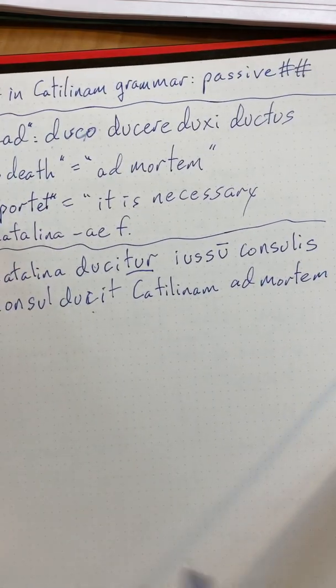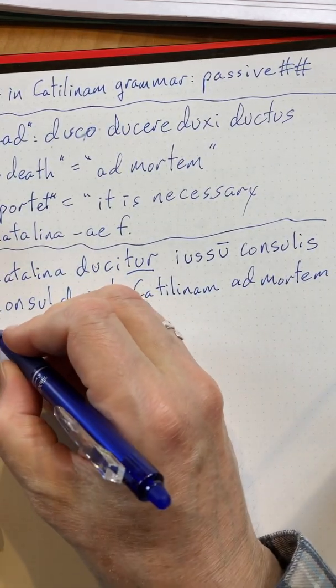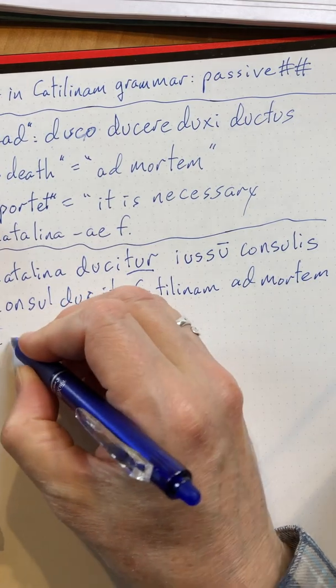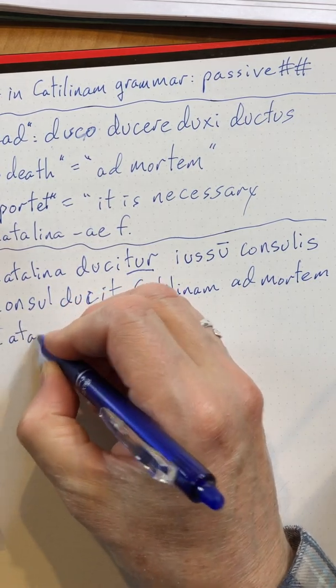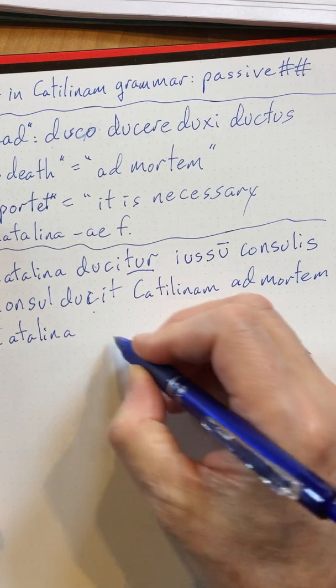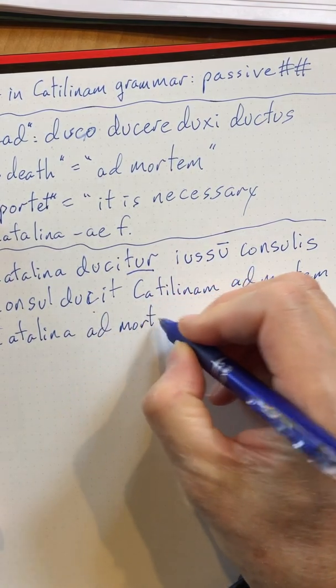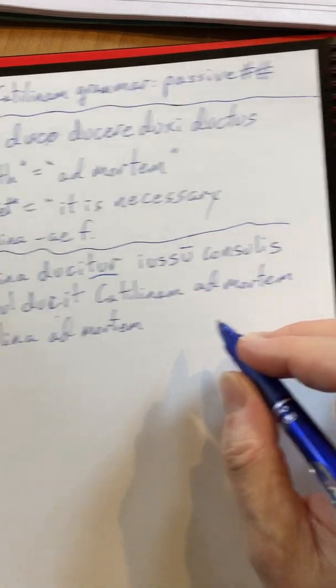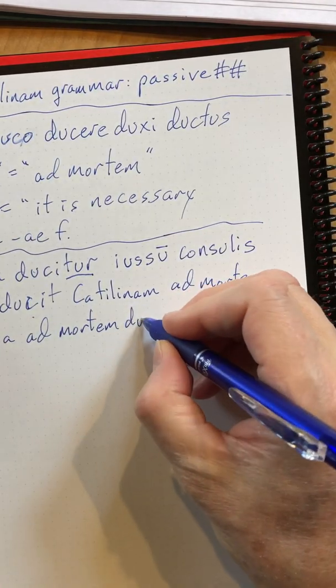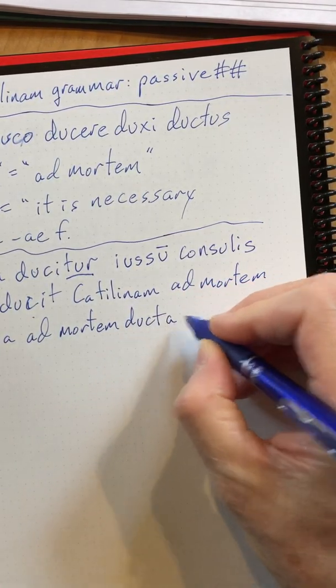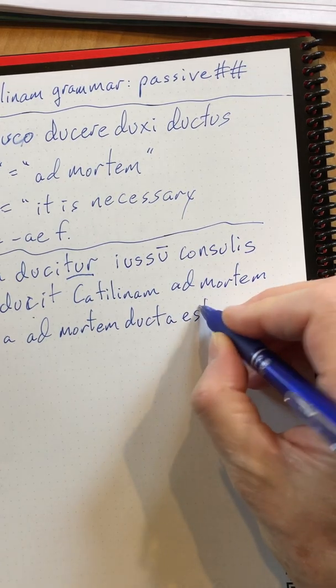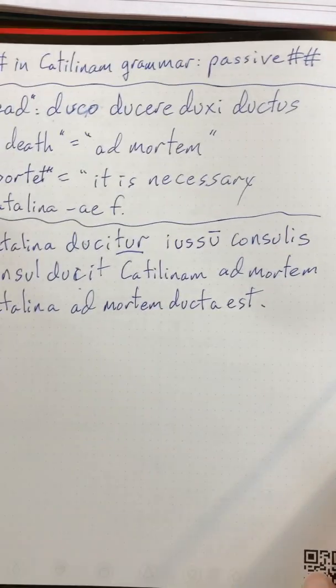Now, if you get into the perfect passive, let's get a little imaginative here. Catilina ad mortem ducta est. Okay, it's done.